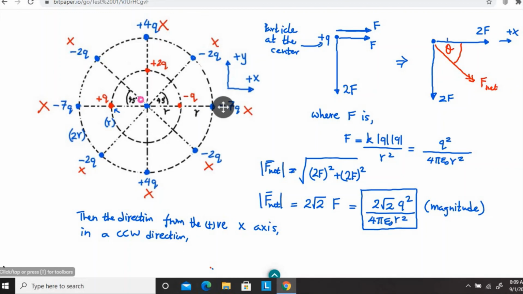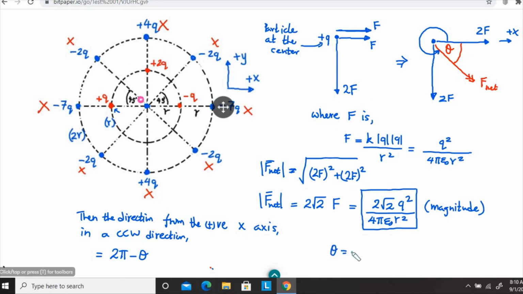So I'm going to measure the angle in this direction, counterclockwise. Okay, so that would be simply 2 pi minus theta.